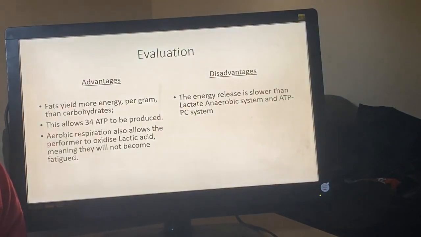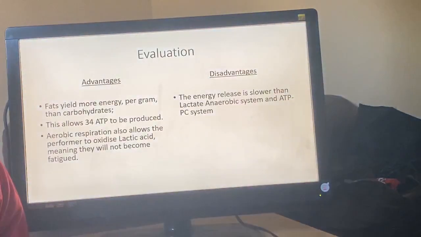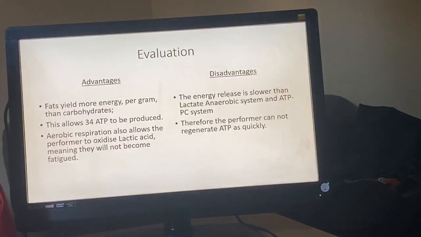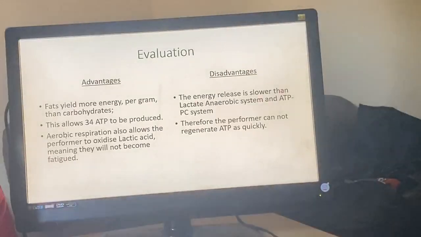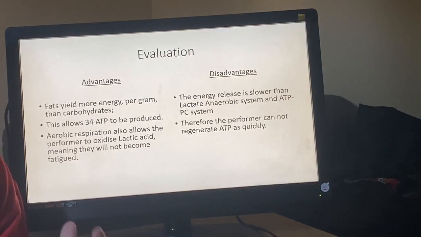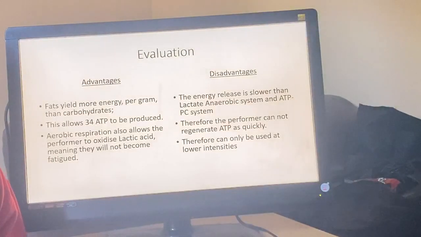And also because of all those processes that take place to get to that 34 ATP, it takes longer than me just breaking down PC or breaking down the glycogen, the glucose. Which means, as we just said, we can't regenerate ATP as quickly. If I can't regenerate ATP quickly, that means I then have to work at a lower intensity.